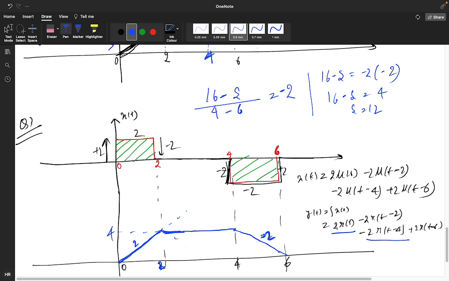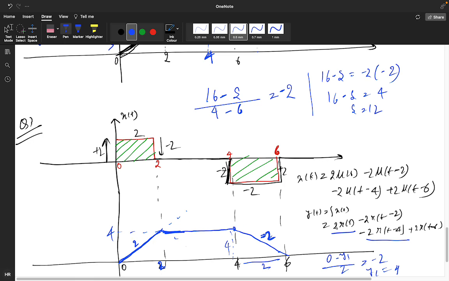So if this is 2, this must be 4, and the value is 4 only. 6 minus 4 is 2, so this must be 4. So do y2 minus y1. So y2 is 0 minus y1, you don't know the y1 value, divided by x2 minus x1, which is 2 minus 2. So y1 must be 4.